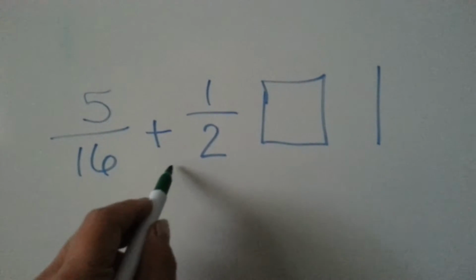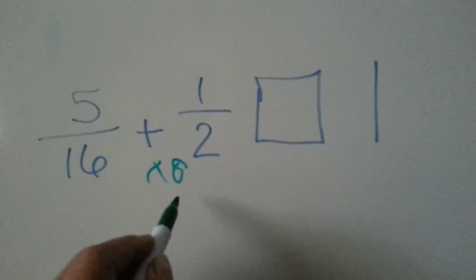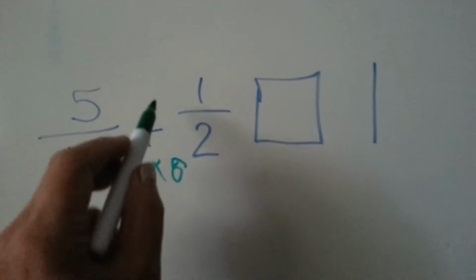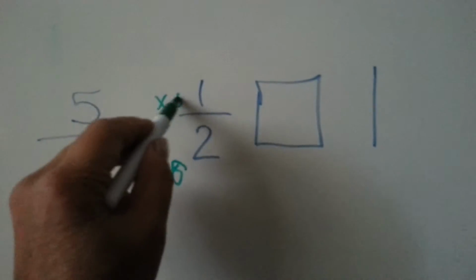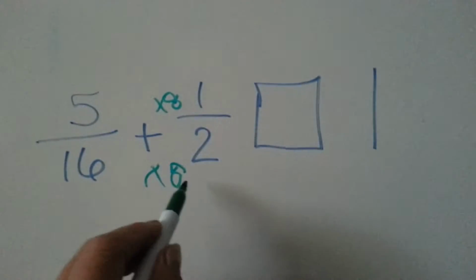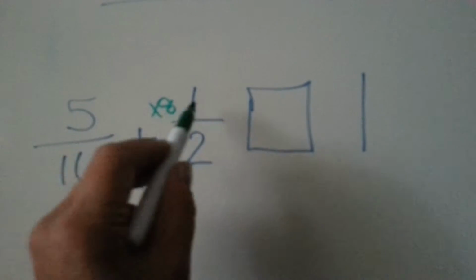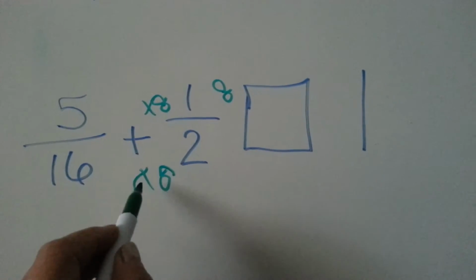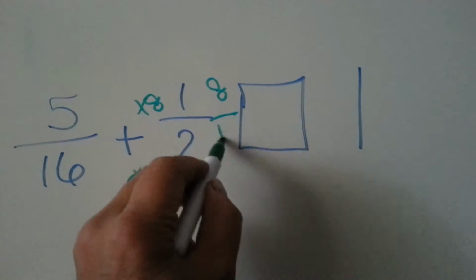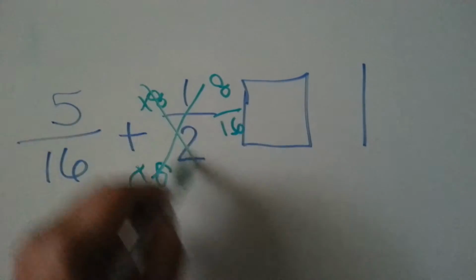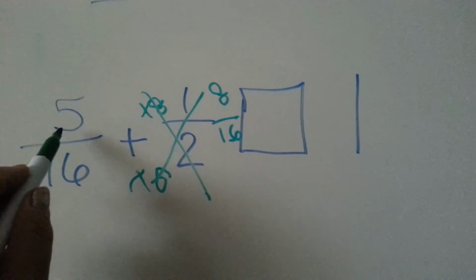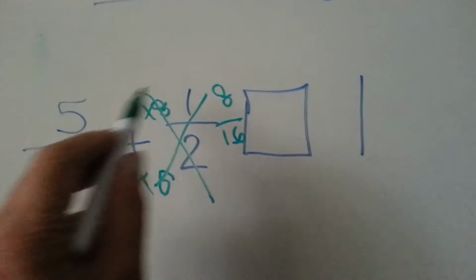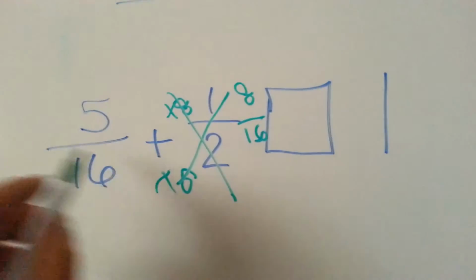It's multiplied by 8. So the top gets jealous and it wants to be multiplied by 8 also. So we end up with 1 times 8 is 8, and 2 times 8 is 16, so we end up with 8/16 plus 5/16. 5 plus 8 is 13 over 16.